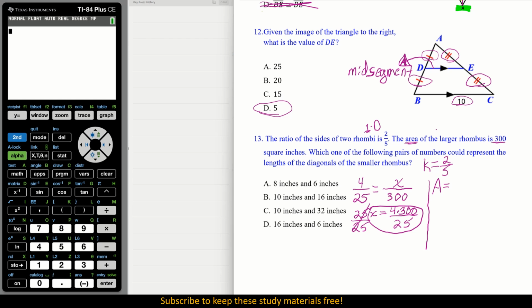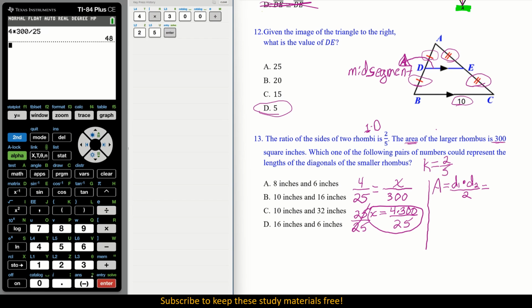Well, the area of any rhombus is equal to d1 times d2, which those are diagonals, divided by 2. Okay? Right now, let's put this in the calculator and see what we have. 4 times the 300, divide that by the 25, and we get 48, which is wonderful.